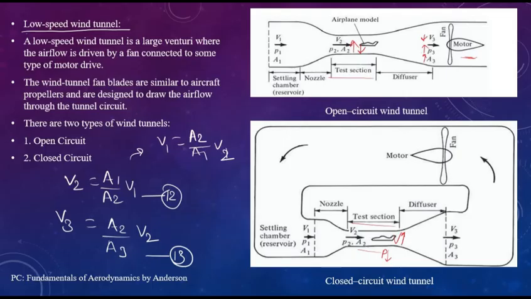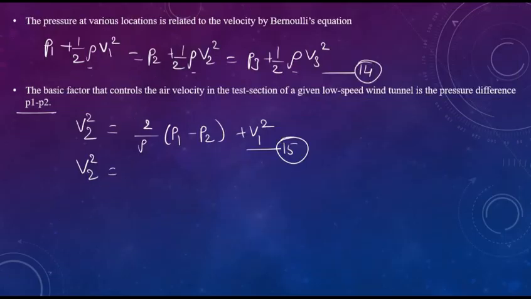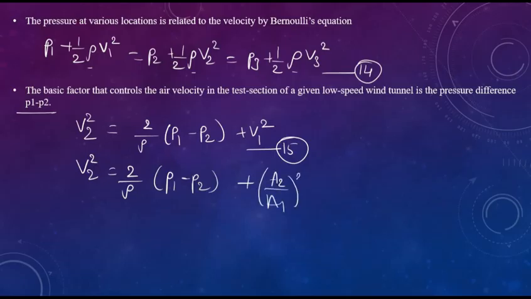This V1 term we are going to substitute over here. Upon substitution, we have 2 by rho into P1 minus P2 plus A2 by A1 whole square into V2 square. So we have got V2 over here.